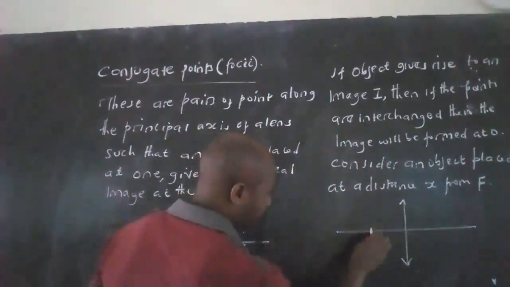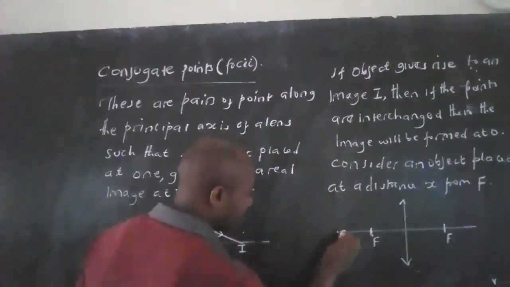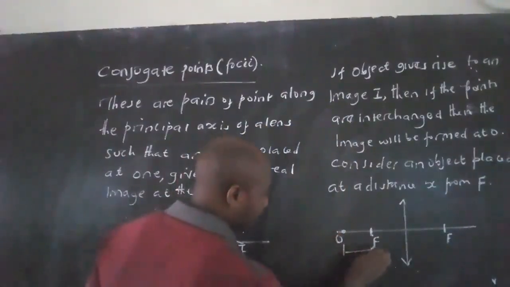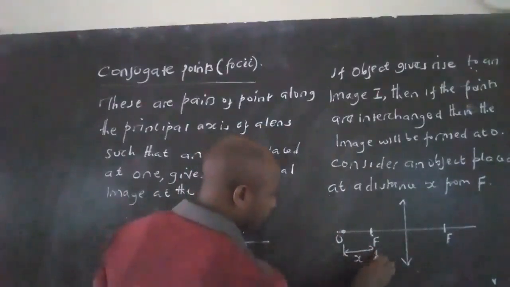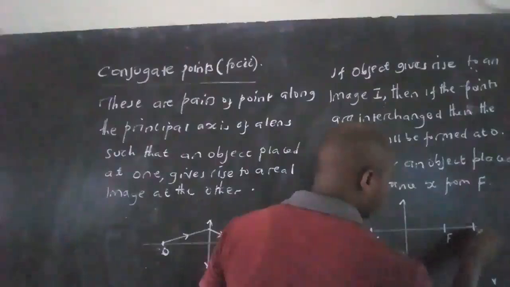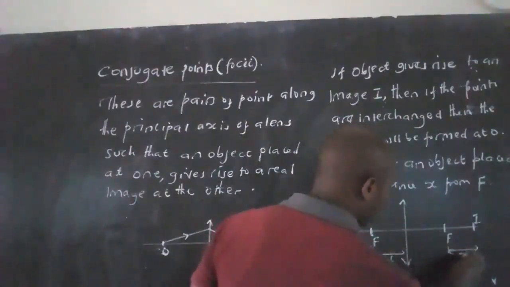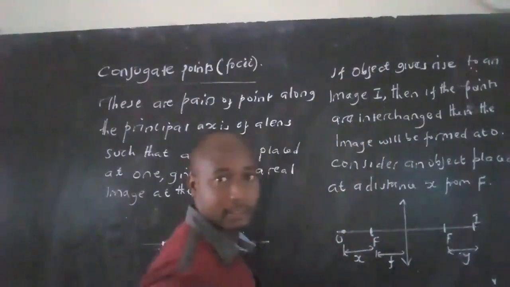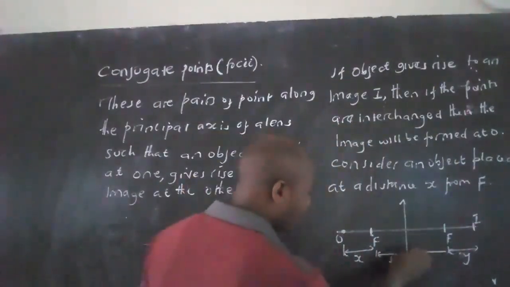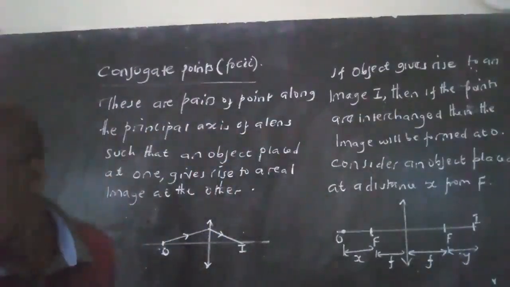This is F, and this is also F. The object is placed here at a distance x from F. The image is formed here at a distance, let us call it y, from the other F. Then this distance is the focal length.